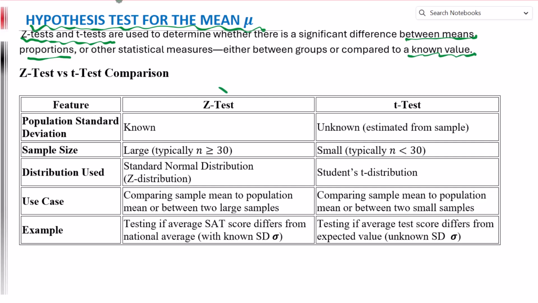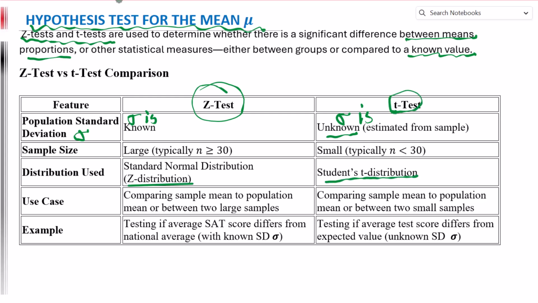For z-test, you just need to remember when population standard deviation sigma is known, we got to use z-test. If sigma is unknown, we will use t-test.